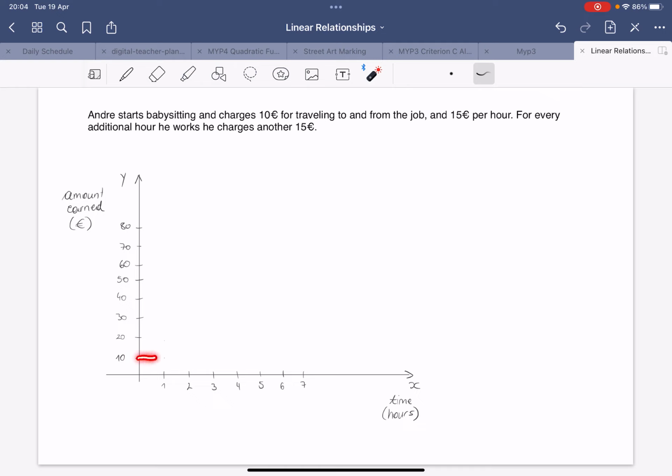And then in that first hour, he will earn €15. So I would end up being right here. That's where I make my first spot. So this here, this is €15. Okay? After 2 hours, he will earn another €15.